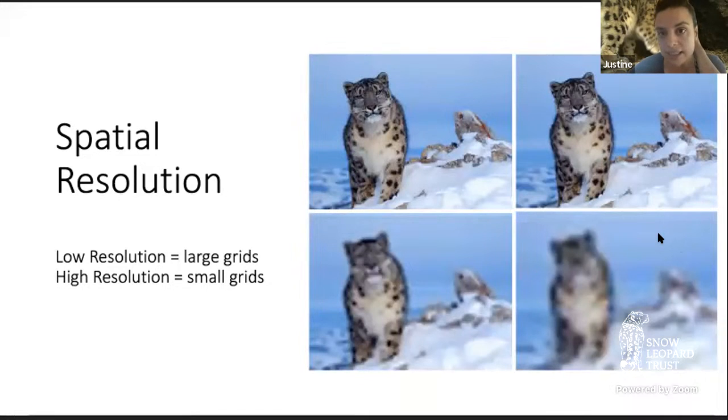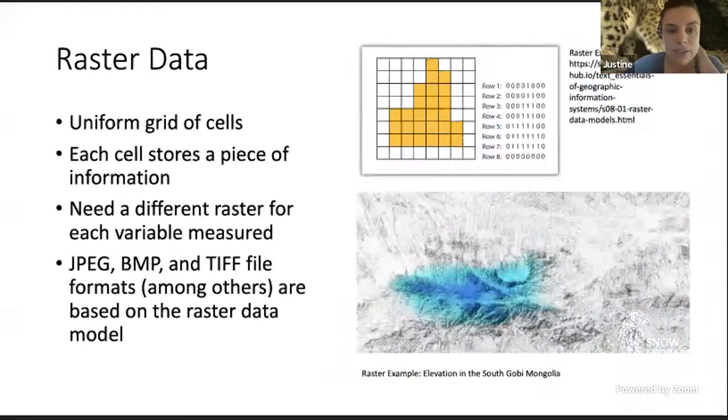So that's exactly the same with rasters. They're created by grids, and the resolution really determines the amount of data that's found in that raster. So I'm just going to go back now to that raster sheet. As you can see, this is a more zoomed in view of what a raster could look like.